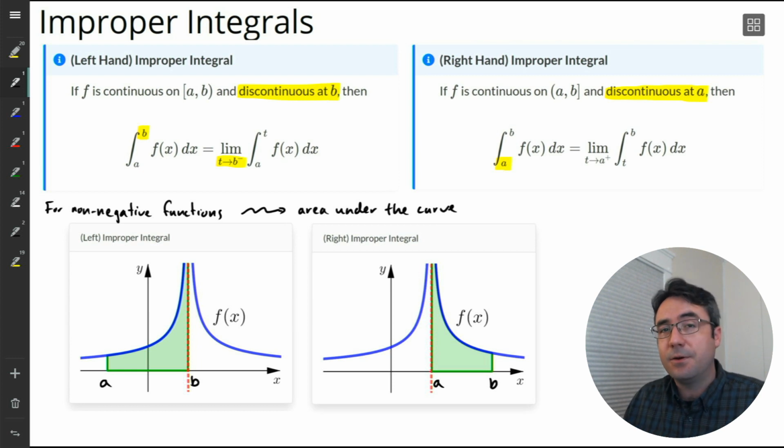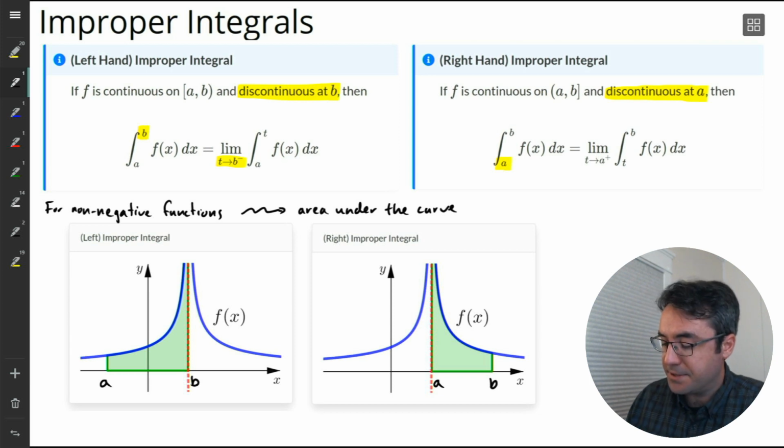So it might have a finite area, but it might not. And that's what these improper integrals are going to help us do, is figure out if these regions have finite area or infinite area. So these are the pictures to have in our minds when we're calculating these improper integrals.